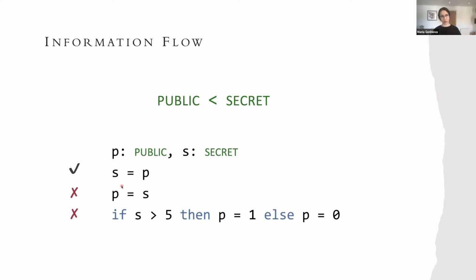So we use information flow analysis there by associating a type level with every variable in the program, and this level is either public or secret, and we want to allow statements like this. So secret depends on public, but we want to disallow public to depend on secret. And this is done with this lattice where information is said to flow only up the lattice like this, so from public to secret.